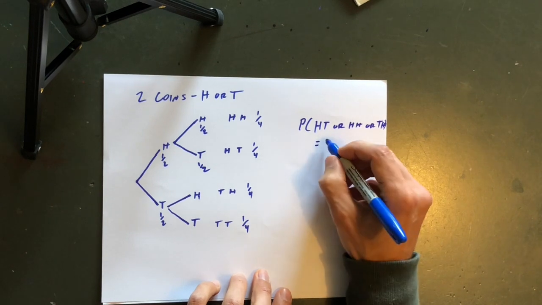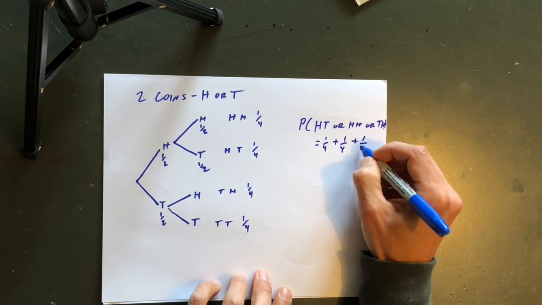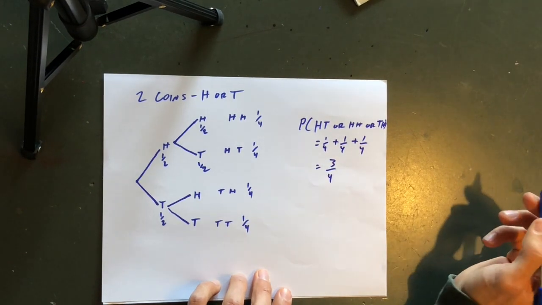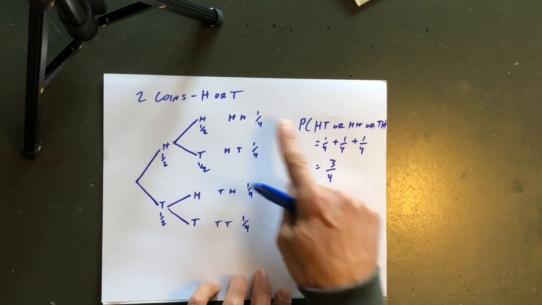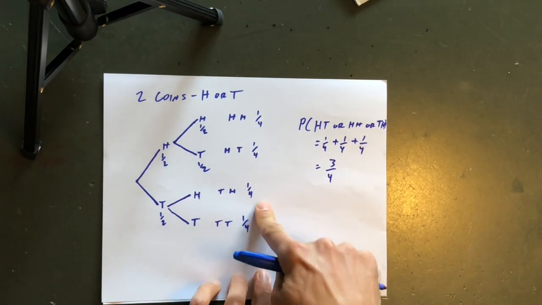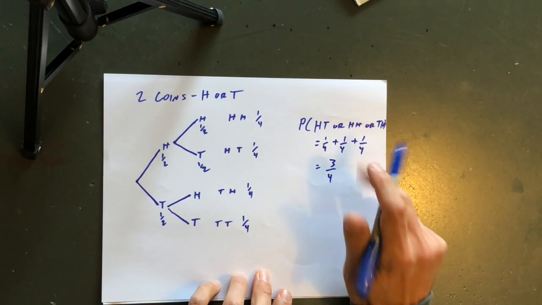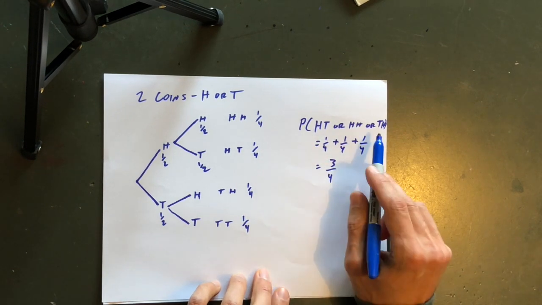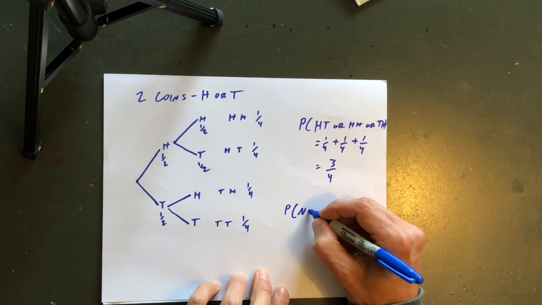Well, that would be 1/4 plus 1/4 plus 1/4, which is equal to 3 out of 4. And you can see it here because there's a quarter, there's a quarter, there's a quarter. There you go. And the complement of this would be basically the probability of no heads at all.